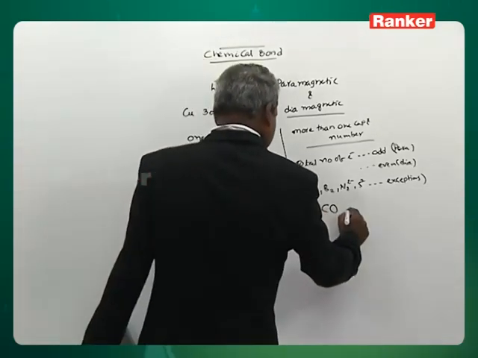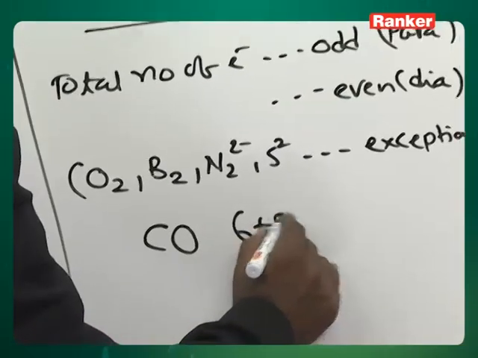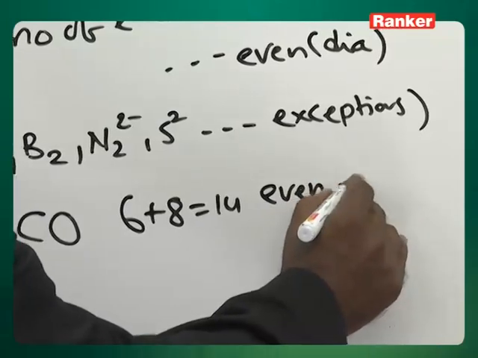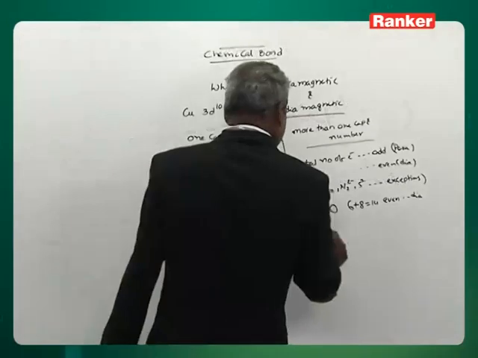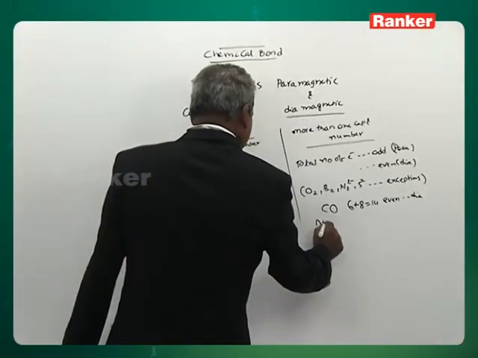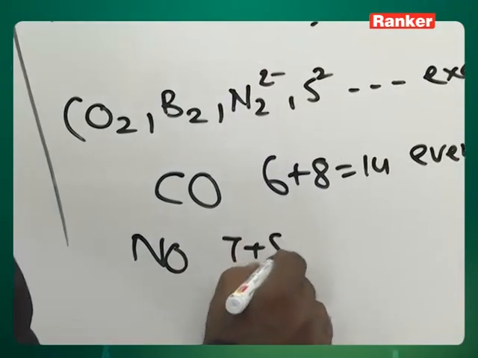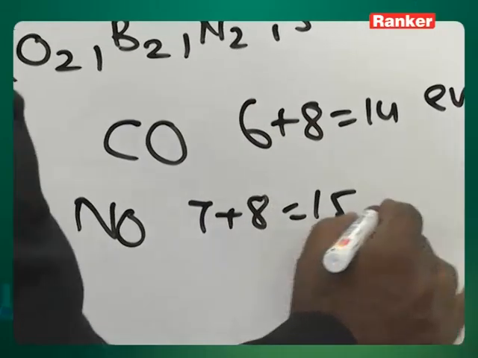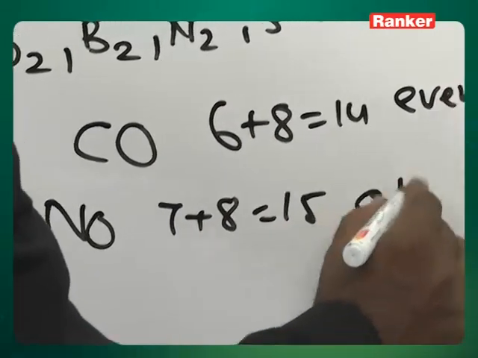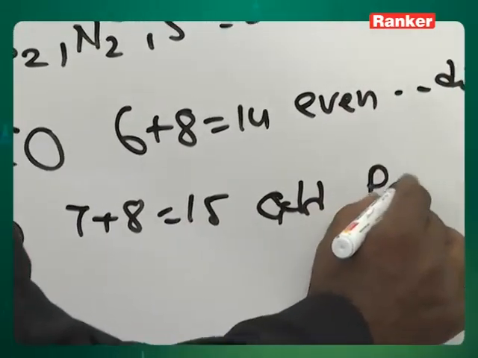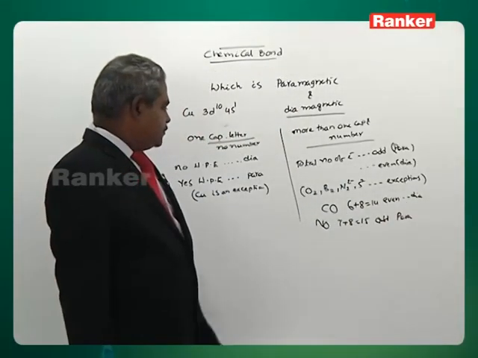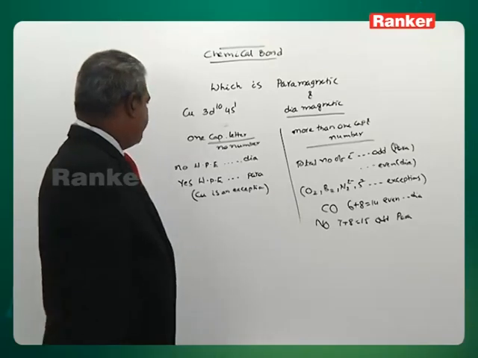Carbon atomic number 6 plus oxygen 8, 14, even, therefore dia. NO, 7 plus 8, 15, it is odd number, therefore it is paramagnetic. Like that, CO, NO, you can find it, O2 plus.